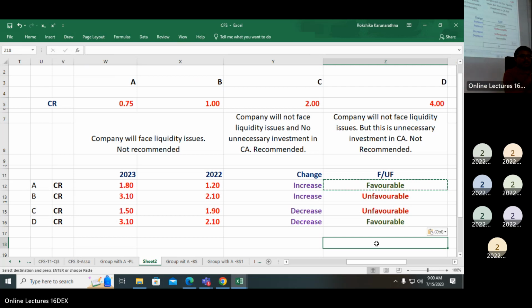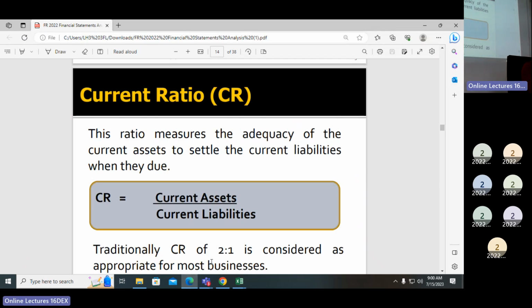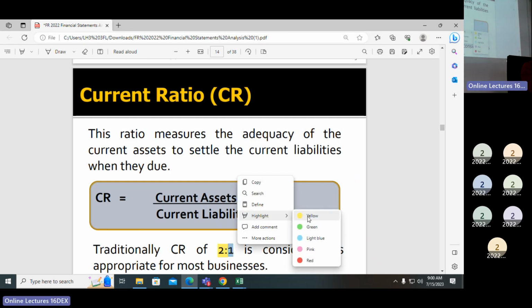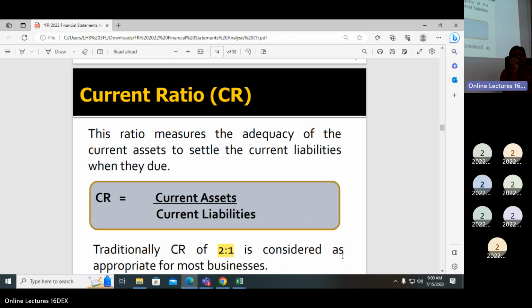Right? So here you see, traditionally, a current ratio of 2:1 is considered appropriate for a business. But you should understand as an accounting student that this 2:1 is not applicable to all businesses. The current ratio is highly industry specific.